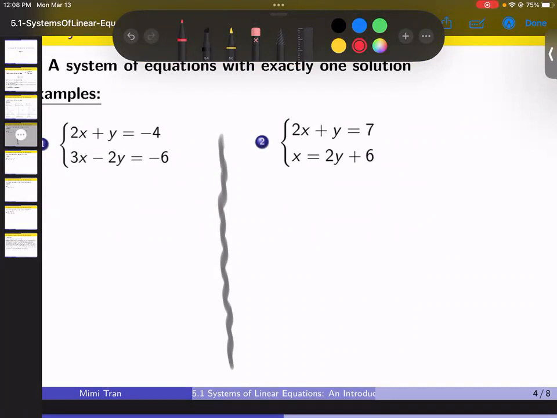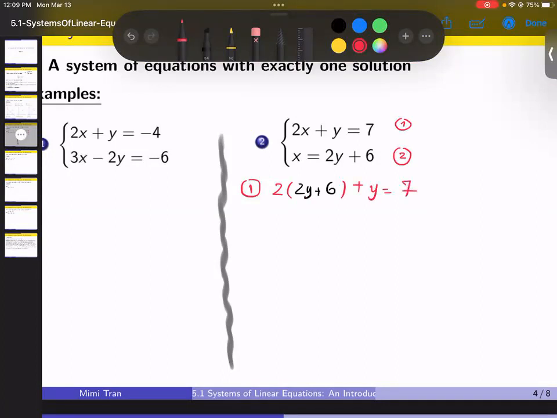What I'm going to do is substitute x in the first equation with 2y plus 6. I'm going to call number 1 circle, number 2 circle, meaning equation 1, equation 2. Equation 1 is 2 times, well, x is 2y plus 6, and then plus y equals 7.